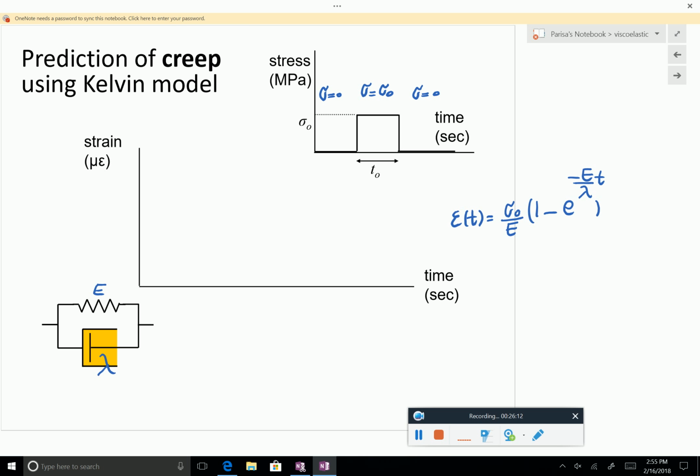You should think about the things I told you. So the dashpot and the spring, they have to deform together. They have to. And then sigma 0 is sigma E plus sigma V. But this is important. And here is the equation that we got by solving for that.